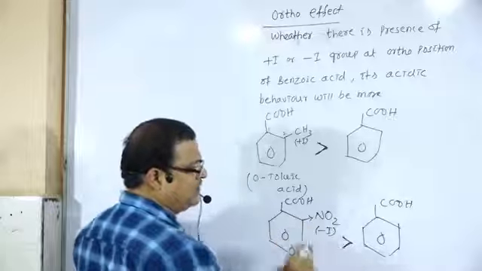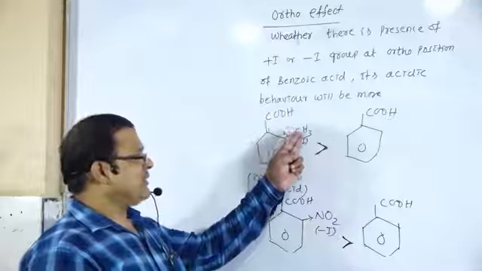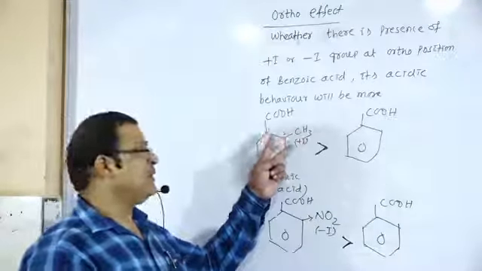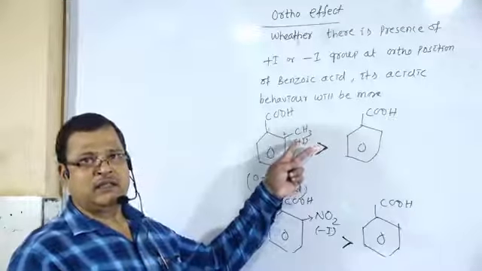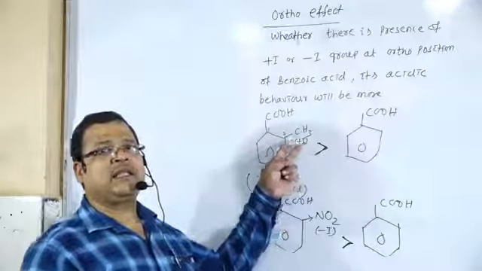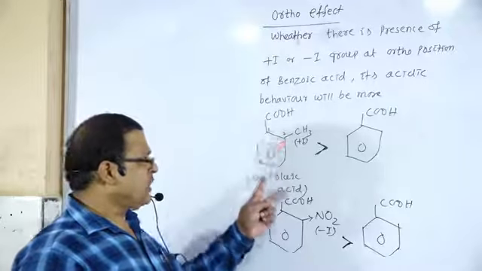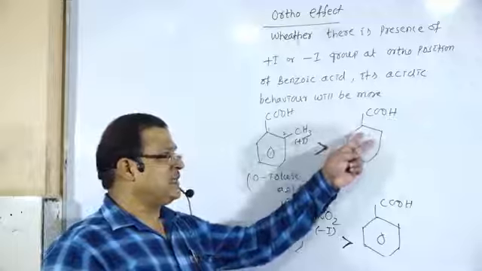This is the general concept. But why does the presence of a plus I group increase acidic behavior here? Because of electronic factors like the inductive effect, resonance or mesomeric effect, or steric factors like steric hindrance.